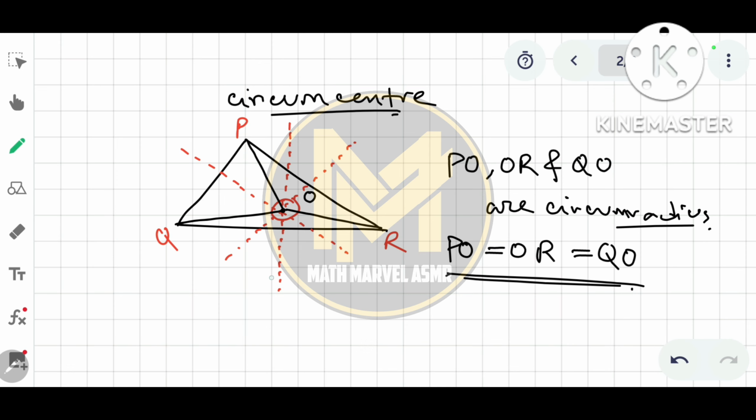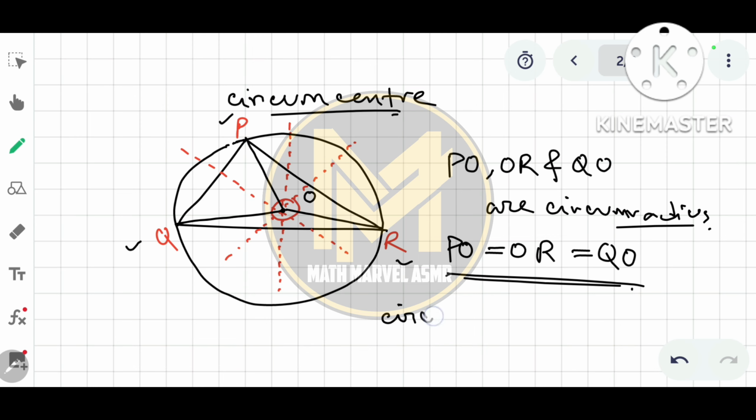Now how can we get the circle? If we take PO, OR and OQ as the radius, then using this radius we can draw a circle which will touch P, Q and R on its circumference. That is called the circumcircle.